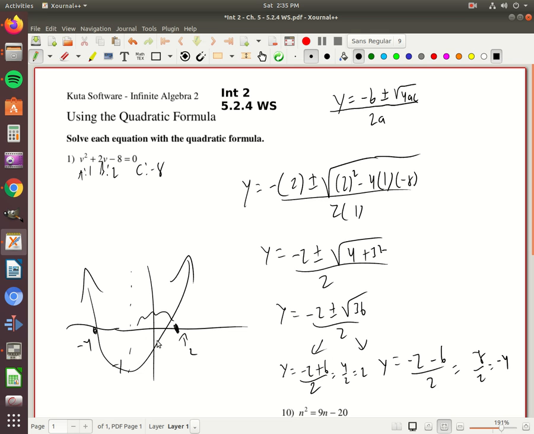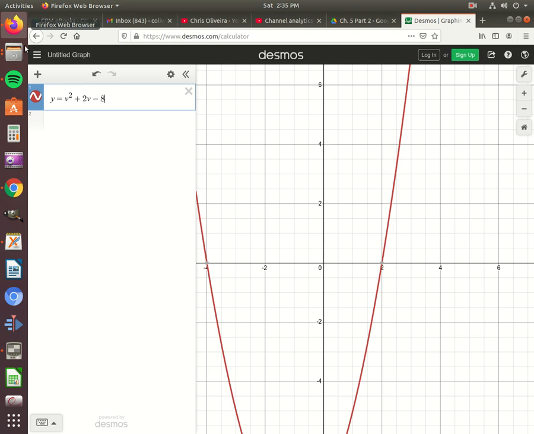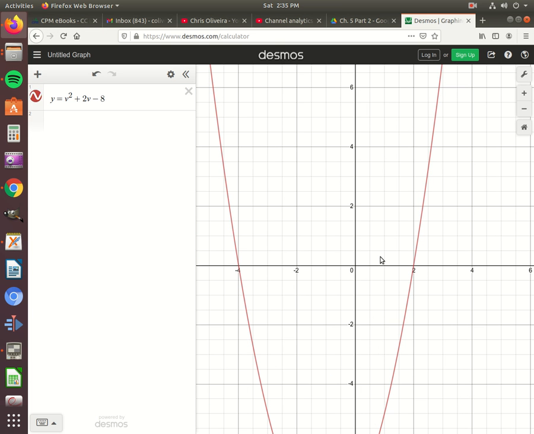So you can see that my axis of symmetry is this part divided, that's negative 1, and then my shift is this part divided: a shift of positive 3 and a shift of negative 3. So kind of interesting the way that works out. Again, if we look here, you can see that is indeed what we came up with, and that our axis of symmetry would be the negative 1.